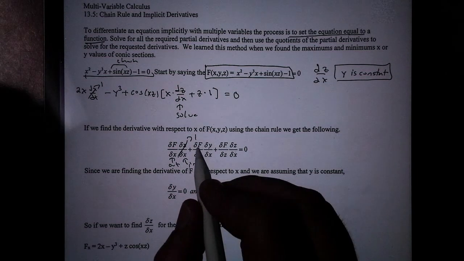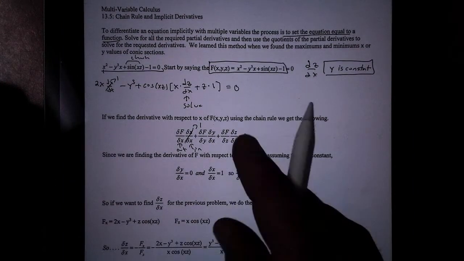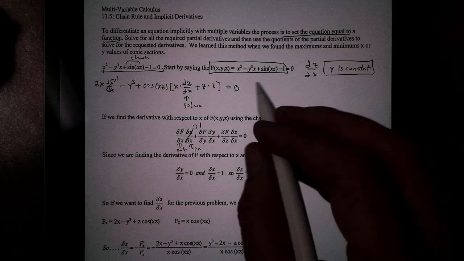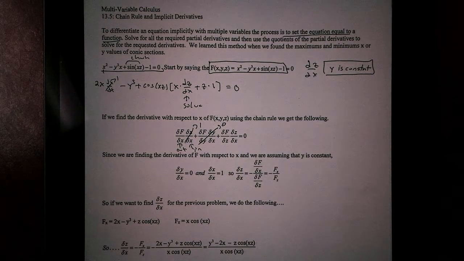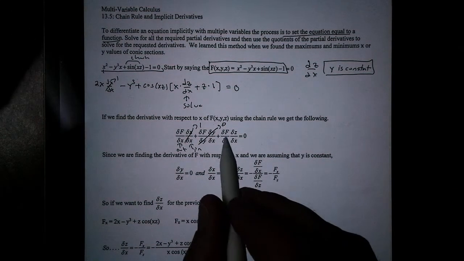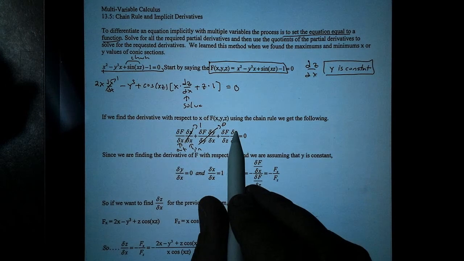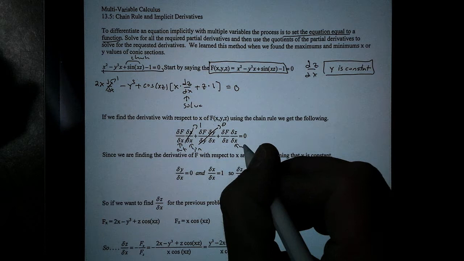Next, we would take the partial of f with respect to y, and then the partial of y with respect to x. We don't have to worry about this one because, again, y is a constant, so this whole term just becomes 0. And lastly, we would take the partial of f with respect to z, and then the derivative of z with respect to x. And this is what we want.